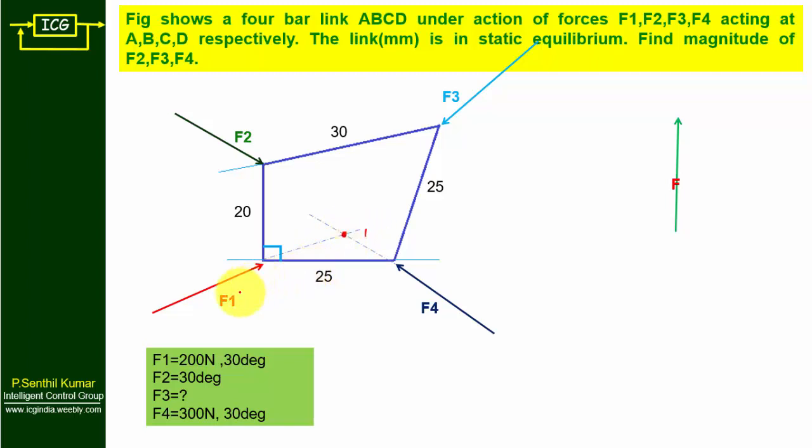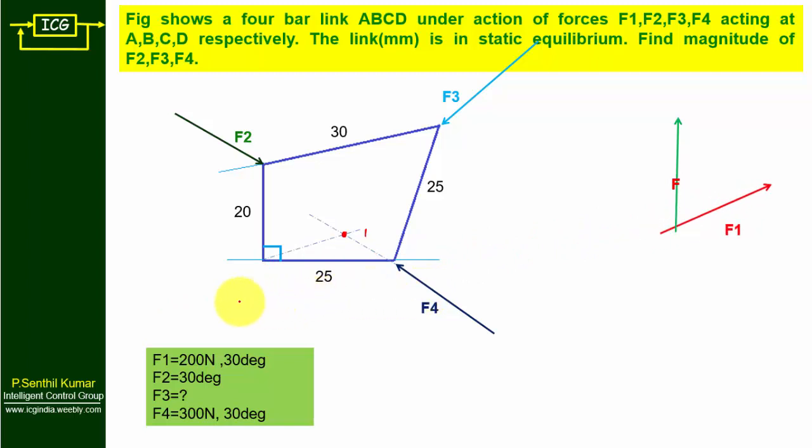Now I'm going to move to step 2. Now I'm going to move F1 from the configuration diagram to the force polygon. So this is how you can move. You can use a roller scale, or you can use an ordinary scale also, but the only thing is you have to keep the angle similar to this one.